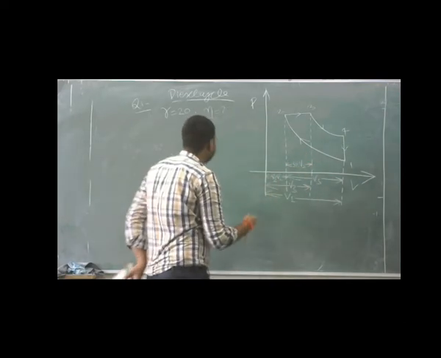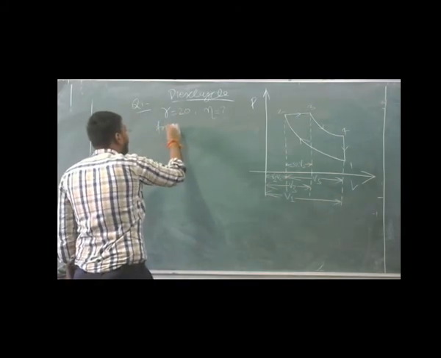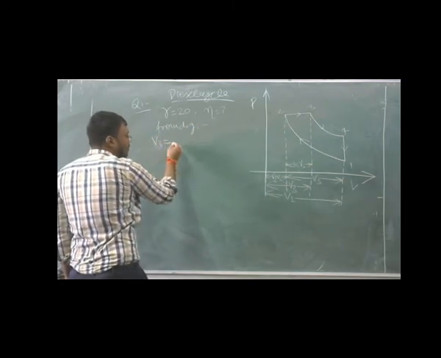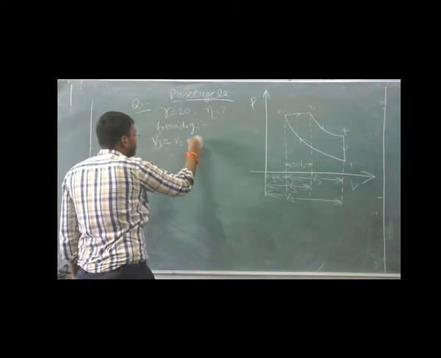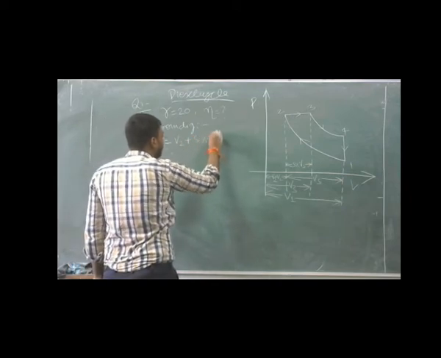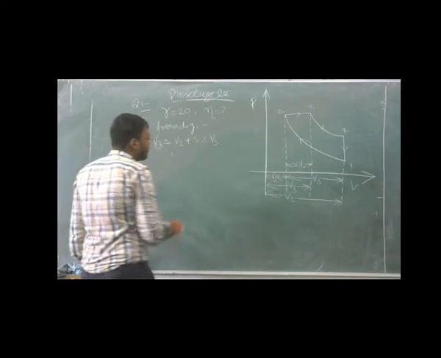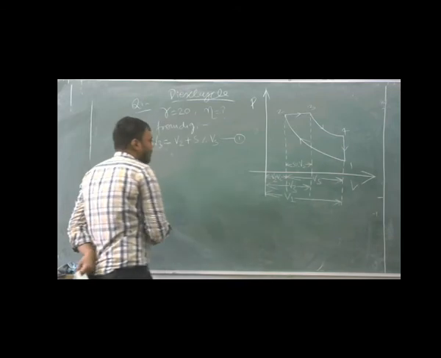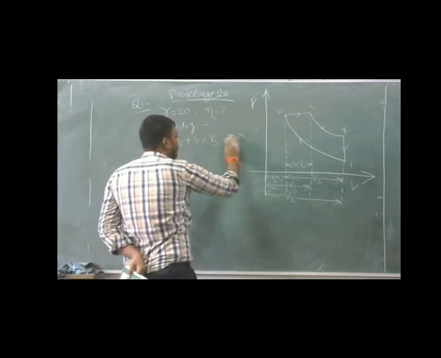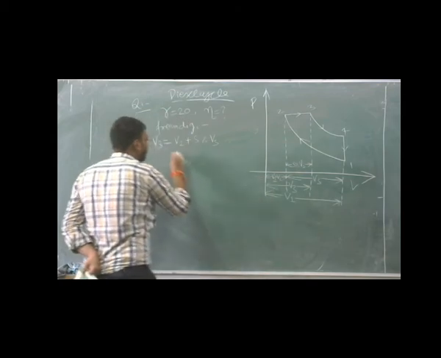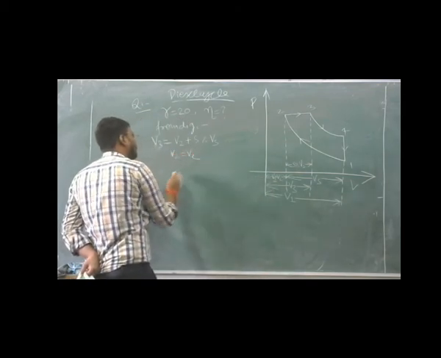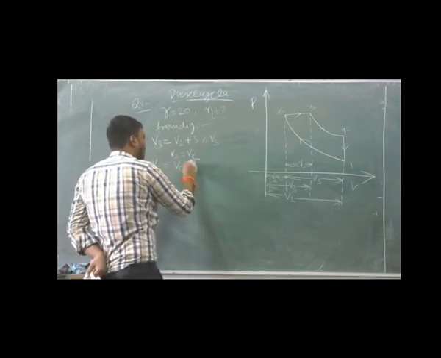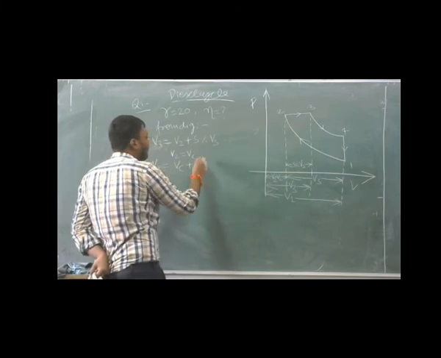So from the diagram, V3 is equal to V2 plus 5% of Vs. Let us call this equation number 1. Now V2 equals Vc, so in place of V2 put Vc. So we get the equation V3 equals Vc plus 5 by 100.